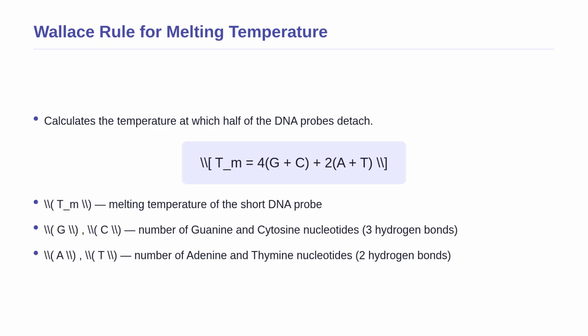The variables G, C, A, and T represent the number of guanine, cytosine, adenine, and thymine nucleotides in the probe. Because guanine and cytosine share 3 hydrogen bonds, making them stronger, they are multiplied by 4. Adenine and thymine share only 2 bonds and are multiplied by 2. If G or C increases, you need more heat to separate the strands.